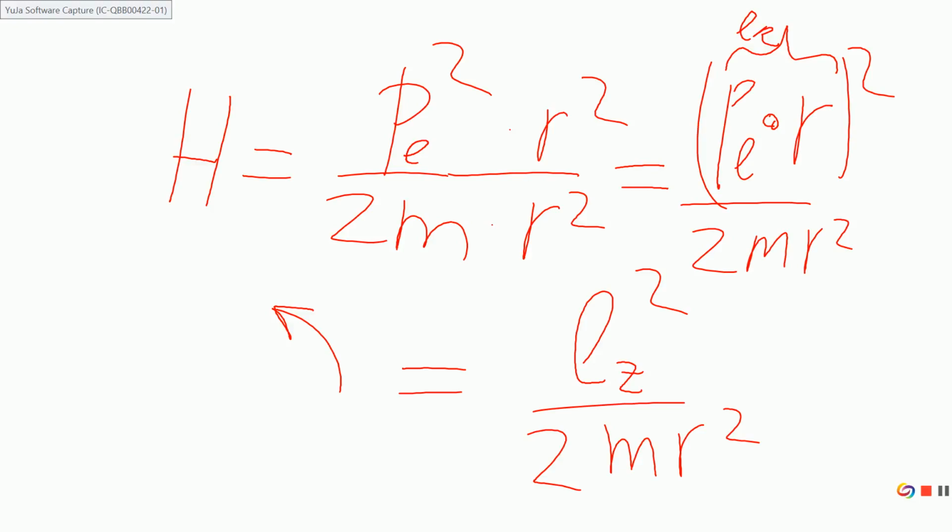Also no tricks, just definitions. So what is up front is angular momentum squared. So the kinetic energy of a circularly rotating particle is angular momentum squared over 2 times mass and radius squared. Good.